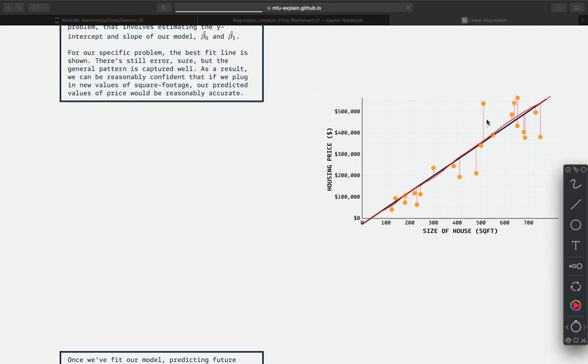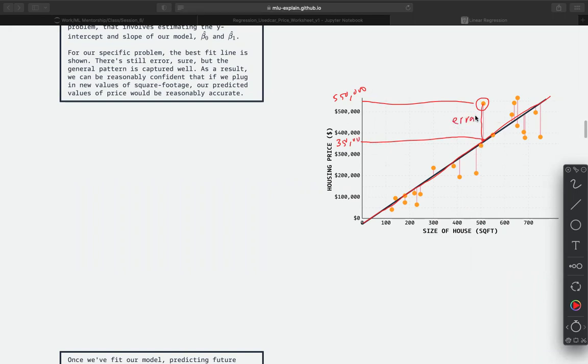Now, for this specific data point, the house was actually sold for, let's say, about $550,000, right? But the model would say the house would be sold at, let's say, $350,000, isn't it? So this should be the error.